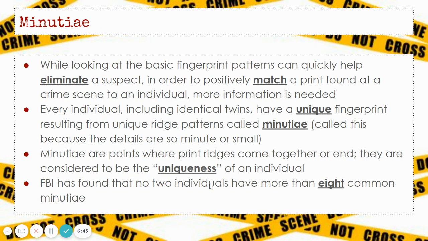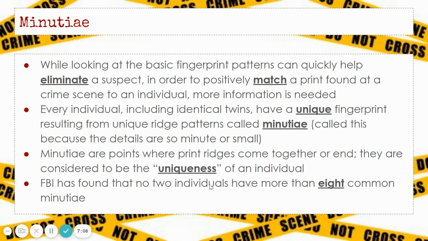All right, so in addition to the main ridge pattern, we can also identify what we call minutia. While looking at the basic fingerprint patterns can quickly help to eliminate a suspect, in order to positively match a print found at a crime scene to a specific individual, we need to have more information. So every individual, including identical twins, has a unique fingerprint resulting from the unique ridge patterns, which are called minutia.